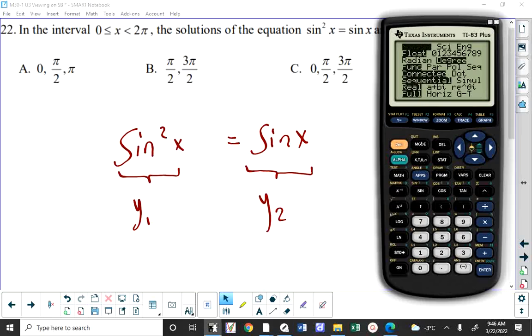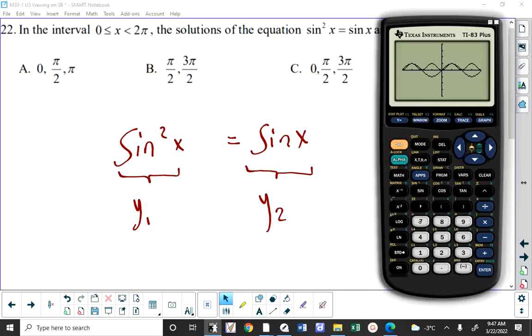Now we want to look from 0 to 2 pi. I have a couple of choices here. One of the things I can do is go zoom trig, and everybody remember that that will zoom from basically negative 360 to 360. You with me on that?